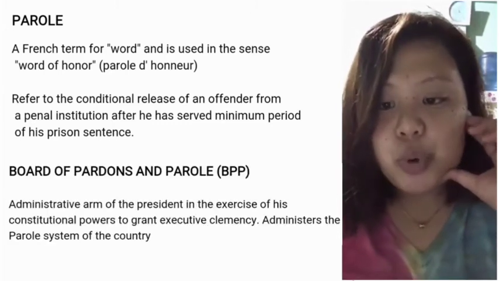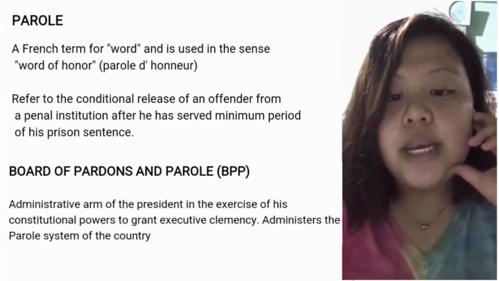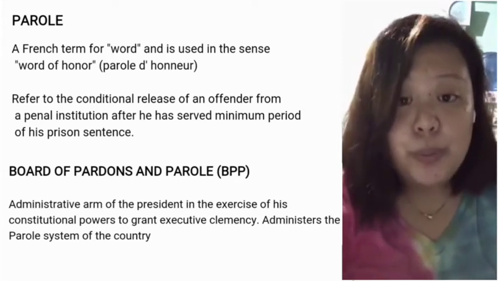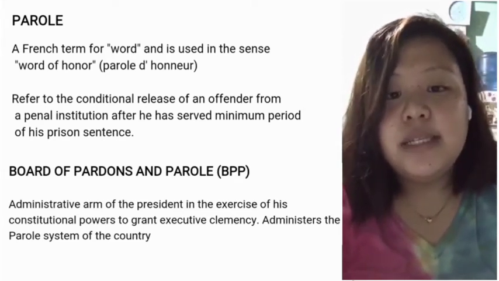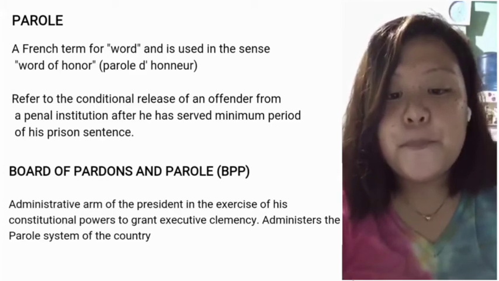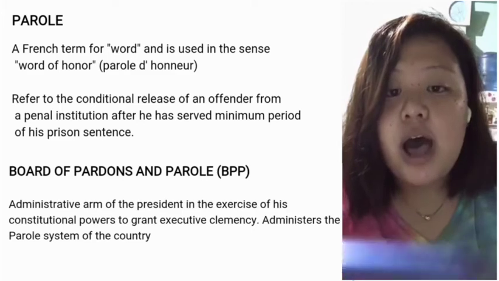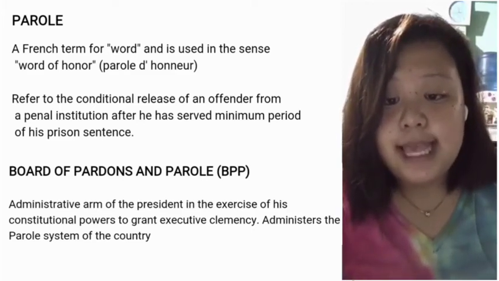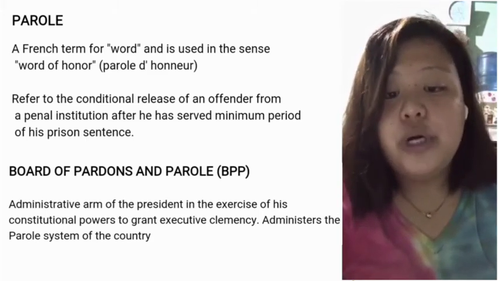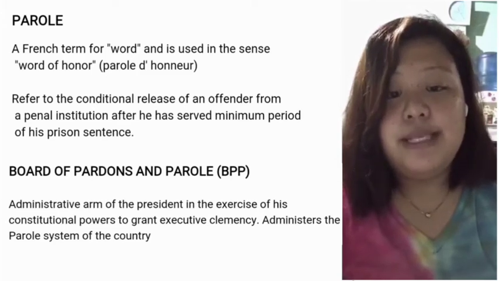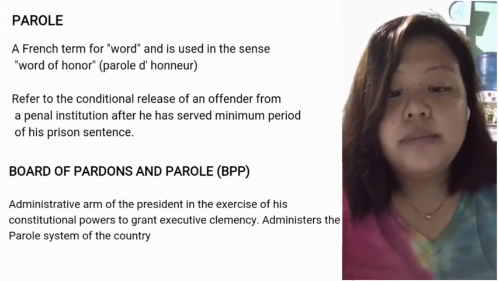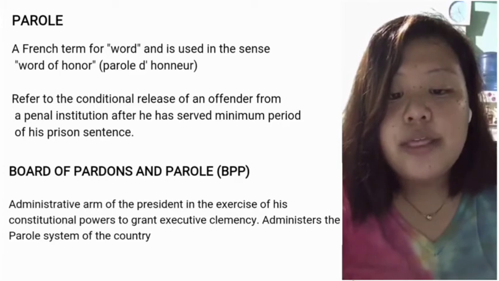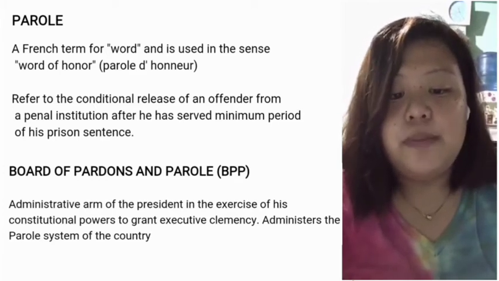So, next is the Board of Pardons and Parole. Sa Minobo is BPP. The BPP is the administrative arm of the President in the exercise of his constitutional power to grant executive clemency. It administers the parole system of the country.